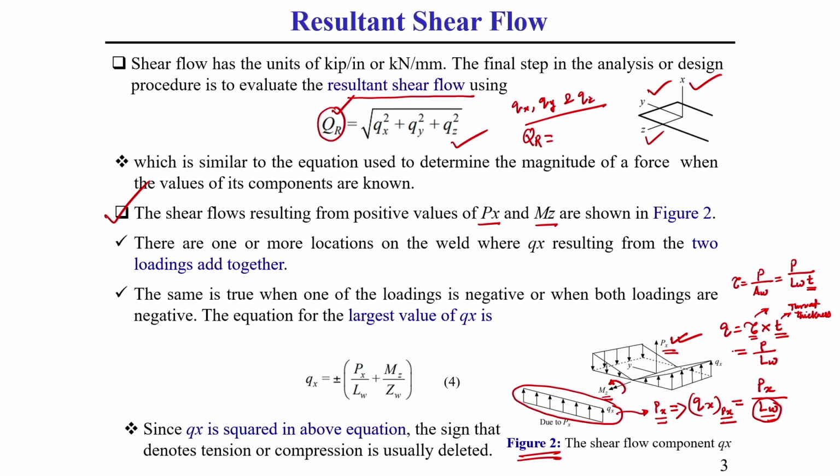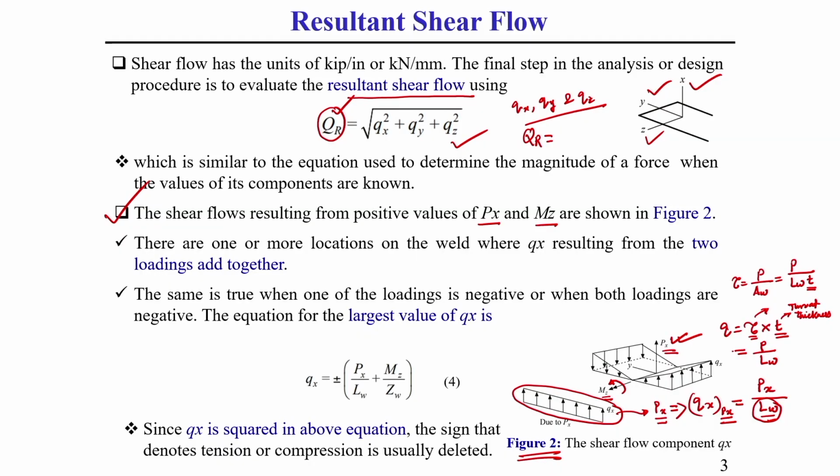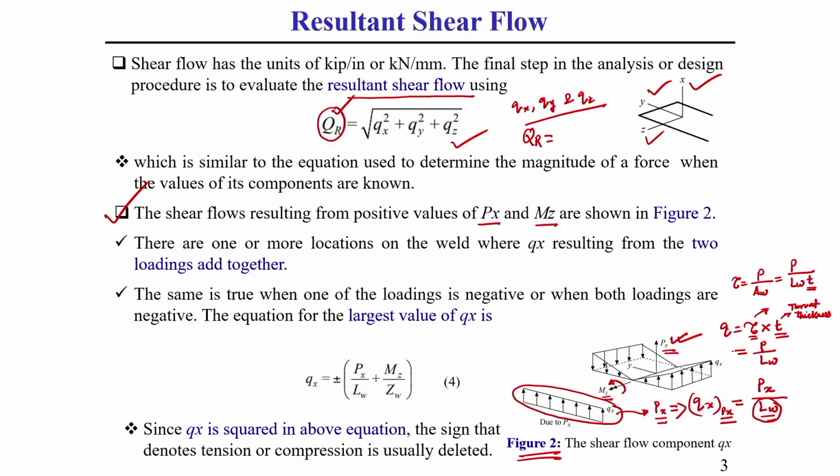Based on the right-hand thumb rule, if it is towards the positive direction of z, then the bending moment will be clockwise. You rotate this way, and it will be clockwise direction towards the z direction.